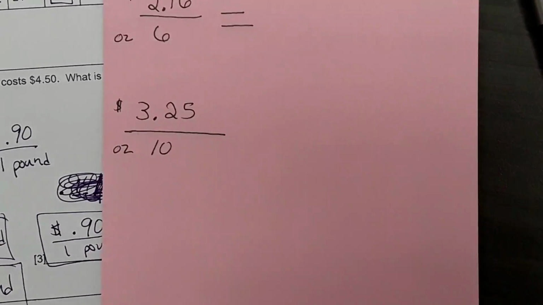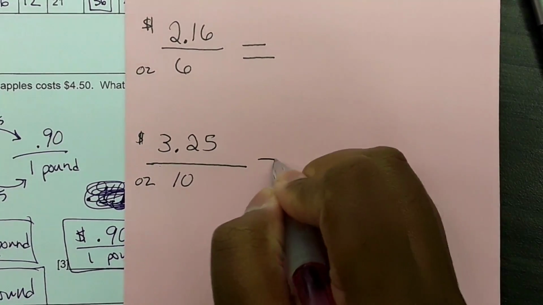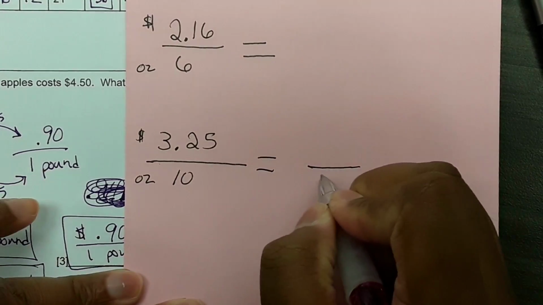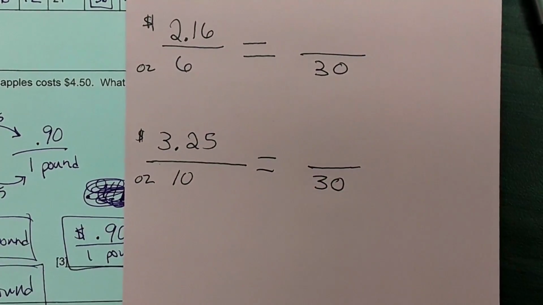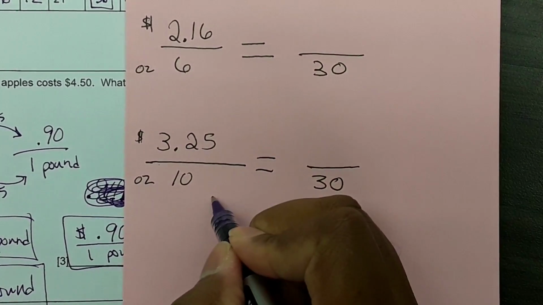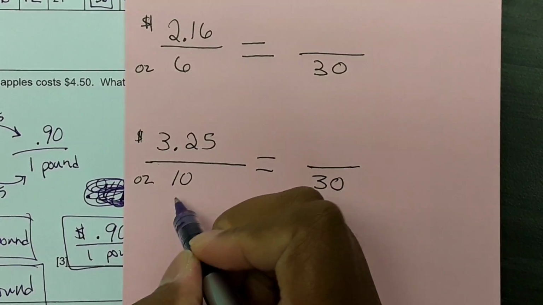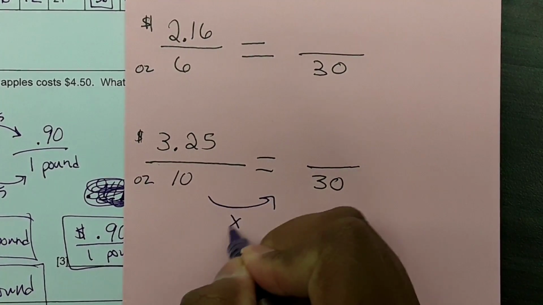All right. Some of you chose to answer the problem using a slightly different method. Using what we know about equivalent ratios, you turned them all to have 30 ounces, so the same denominator of 30. To do that, you multiplied the bottom. So for the 10-ounce container for $3.25, you would have multiplied by 3.